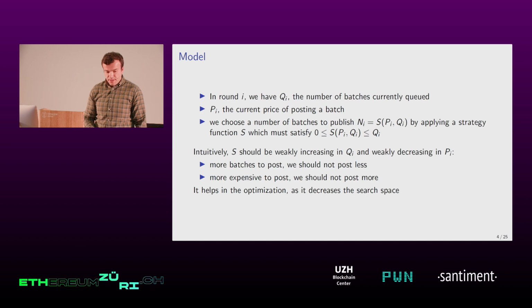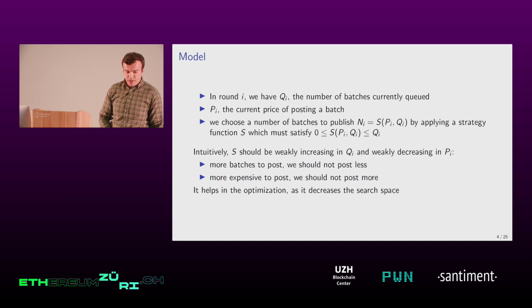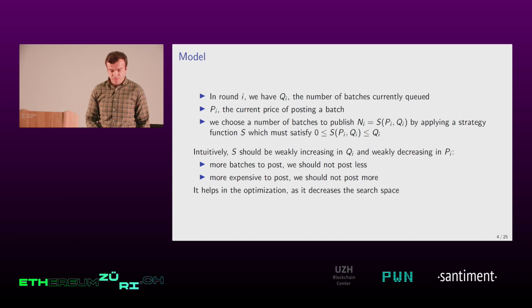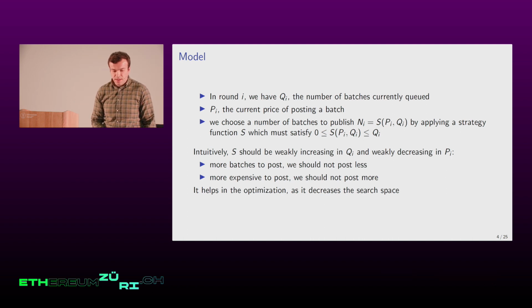This is our strategy S, a function of the price that we see now and how many batches we have at the moment. Intuitively, you can guess that S should be weakly increasing in Q_i, so the more batches we have in the queue, the more we want to post, and it should also be weakly decreasing in price. The higher the price, the less we want to post. This helps the optimization in that it decreases the search space of optimal strategies.